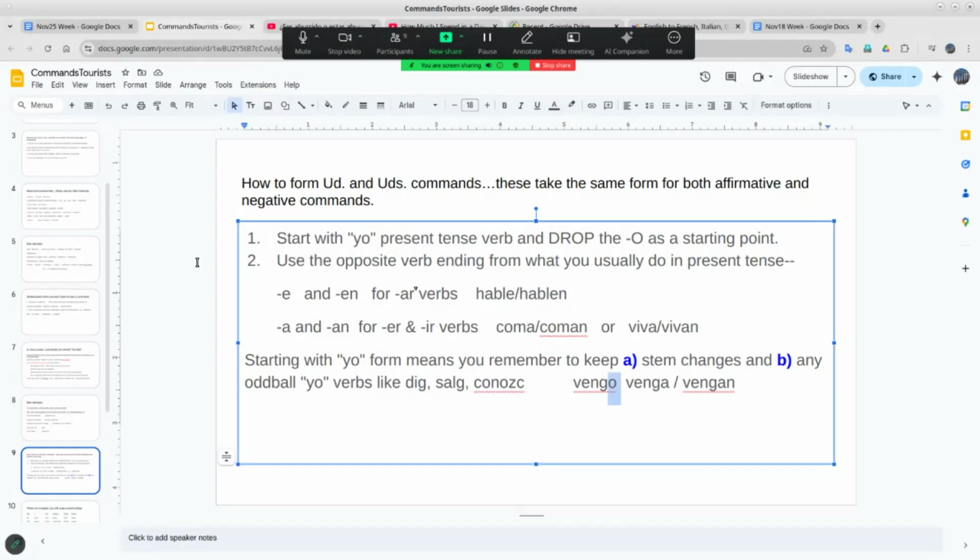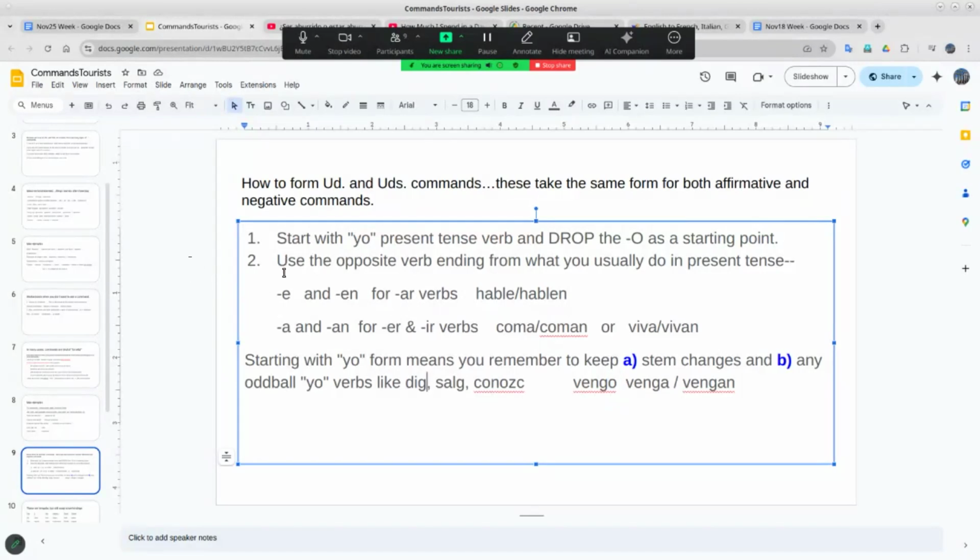So starting with the yo form to get to that command for usted, to get to that command for ustedes, is a step you can't skip. You'll always remember that if there's a stem change, it's there. You'll always remember that if it's got an oddball yo form, it's there. And it's got to remain there to get to the usted command, to get to the ustedes command.